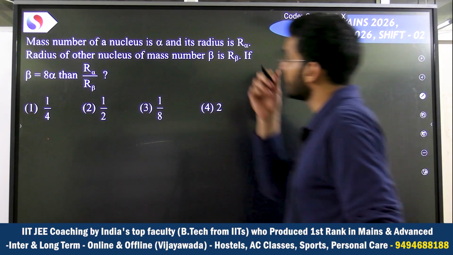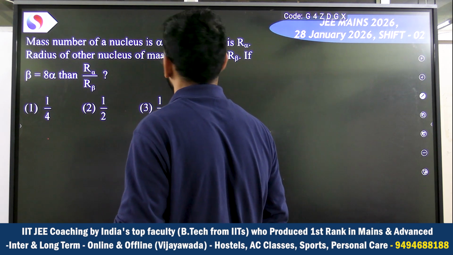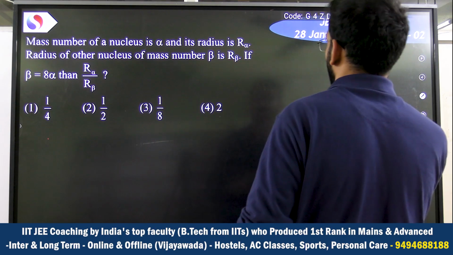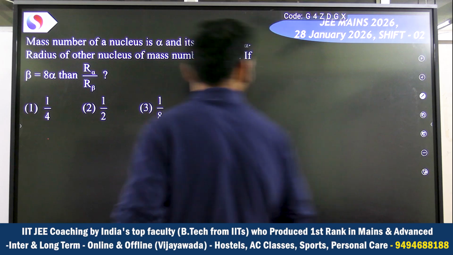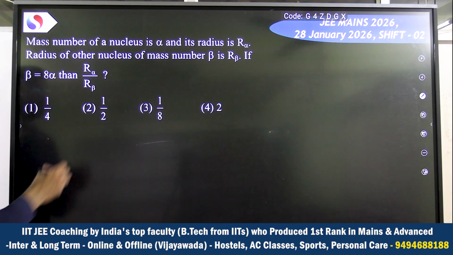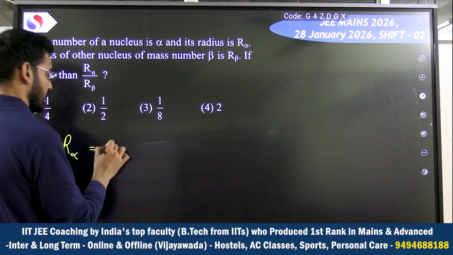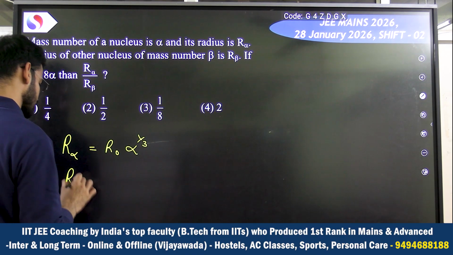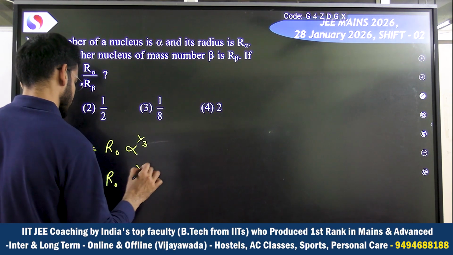Next, the mass number of a nucleus is alpha and its radius is r alpha. The radius of another nucleus of mass number beta is r beta. If beta equals 8 alpha, just one basic formula that you should know: r alpha is equal to r naught into alpha to the power 1 by 3, and r beta is r naught into beta to the power 1 by 3.